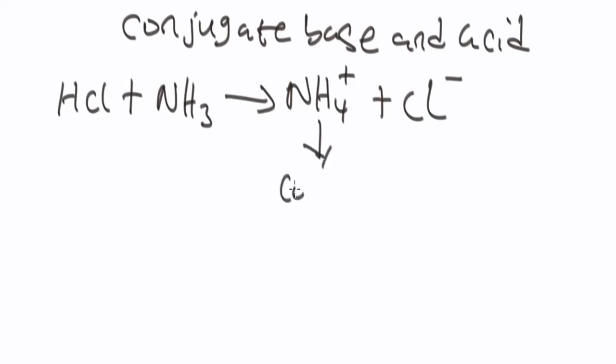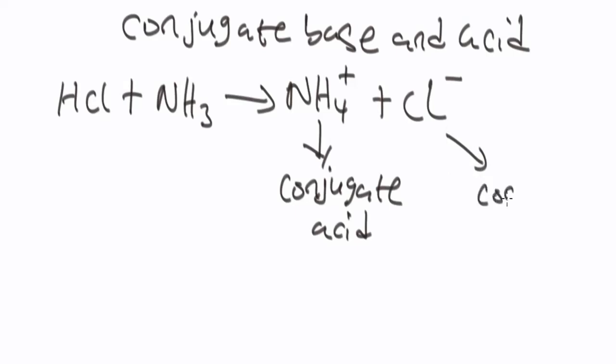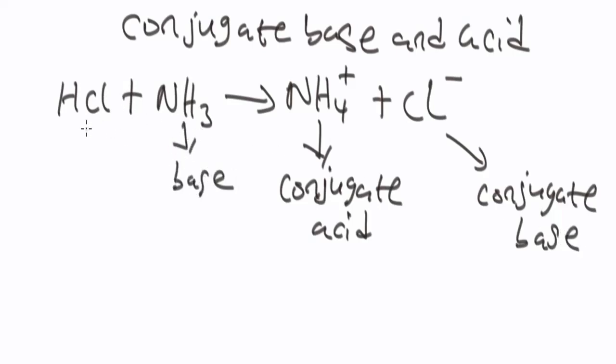So this will be the conjugate acid, whereas this will be the conjugate base. This is the base and this is the acid. So a conjugate acid is a base that a proton or hydrogen ion is added to.